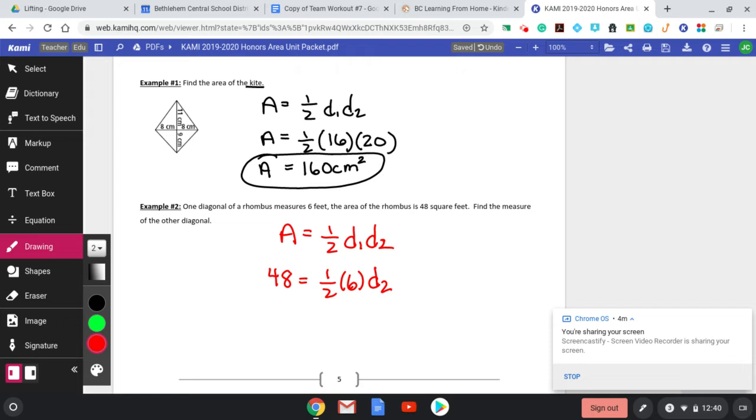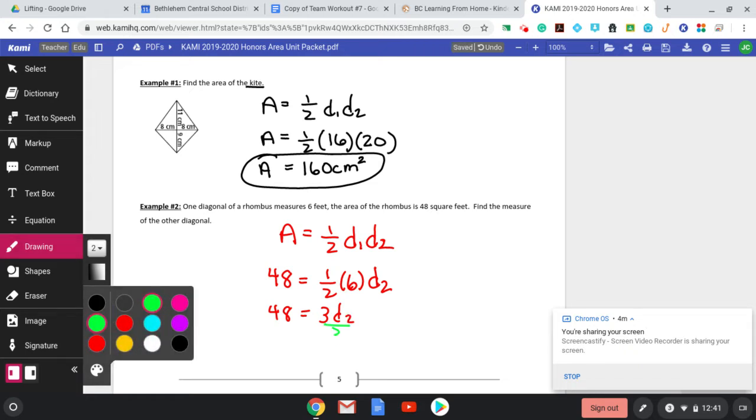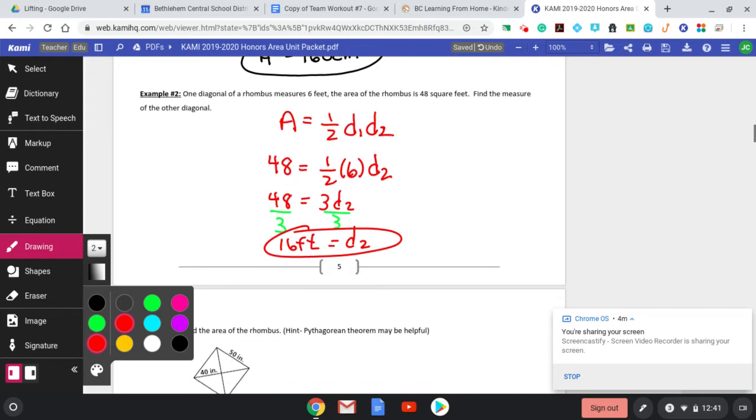It's up to you. All right, so as we move along, 48 equals 3 times that second diagonal. Let's divide both sides by 3. So that second diagonal looks like it's going to be 16 feet. Perfect. Okay, 16 feet. All right, not too bad, right?